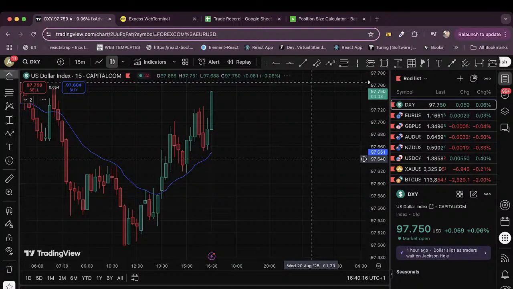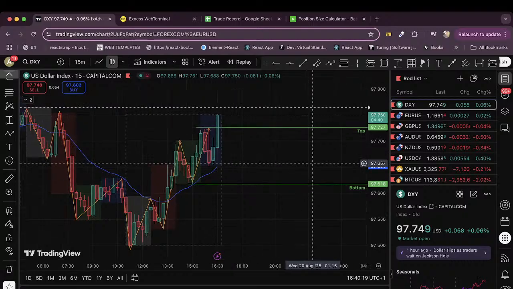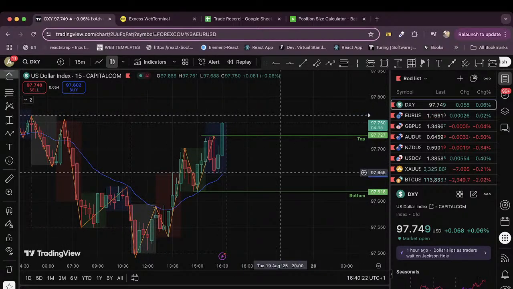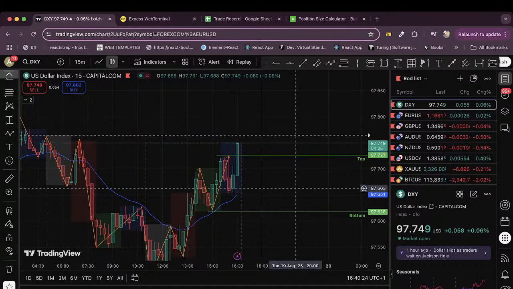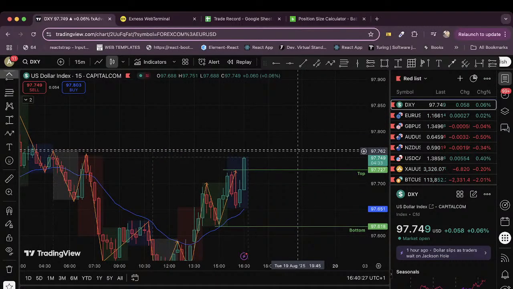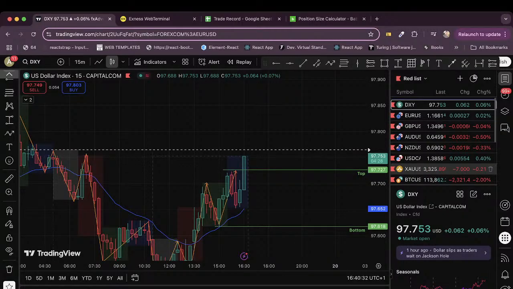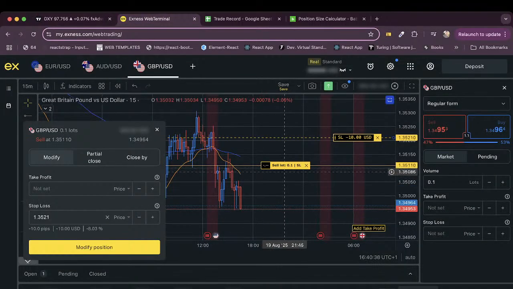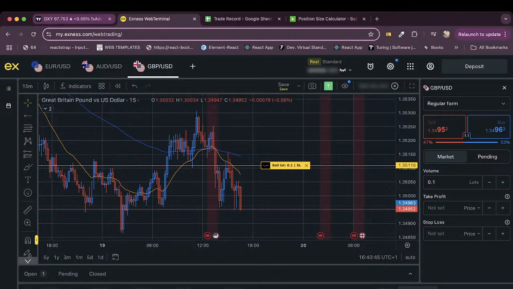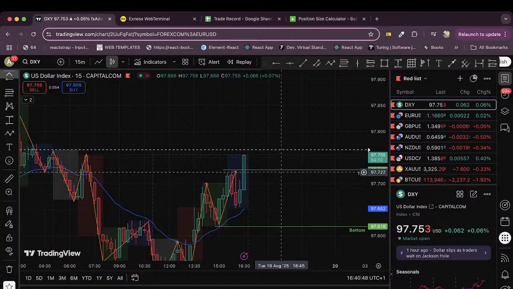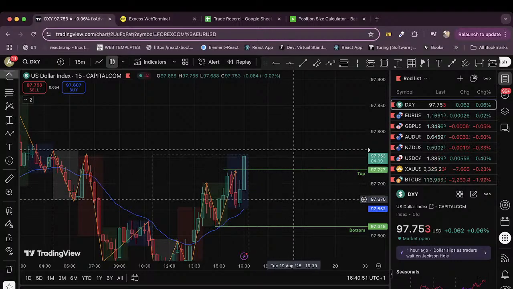On the other hand, remember we have a high there that we said if DXY should take it, then we would take partials or we would at least move our stop loss to break even. That's the best thing we can do. So you can either close some profit once DXY swipes that level, or you can move stop loss to break even, then hope that price doesn't take you out at break even.